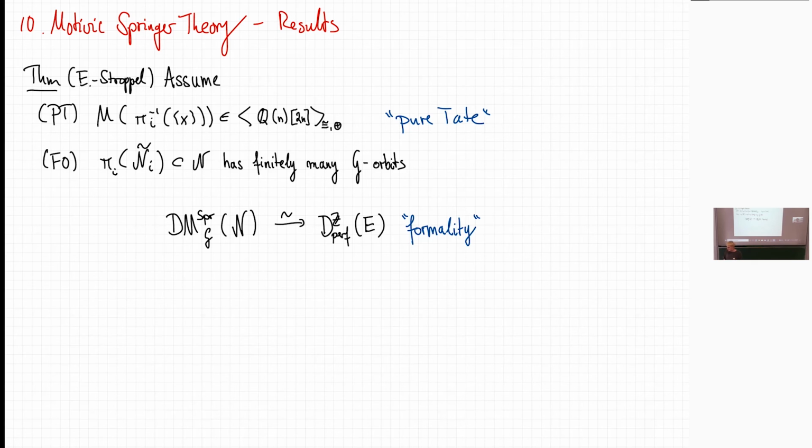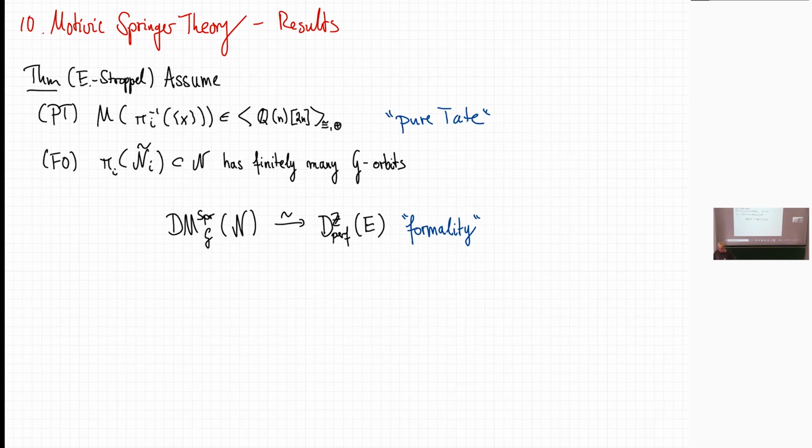By formality, I mean, of course, you can write every nice category as modules over some algebra, but usually this algebra would need some higher structure. It can be a DG algebra or A-infinity, but by formality we mean it doesn't need to have any higher structure, the algebra E is just the usual algebra. No higher structure, it's formal. So that's why it's called formality.